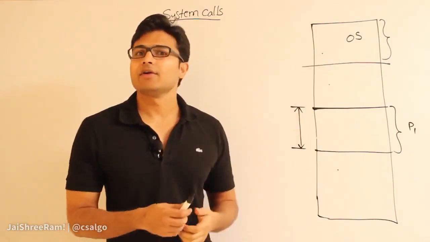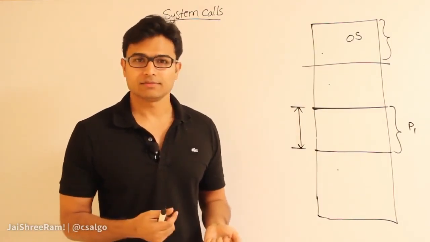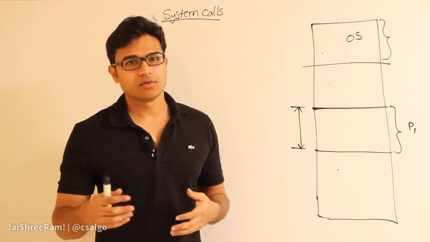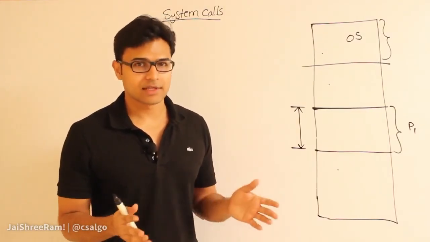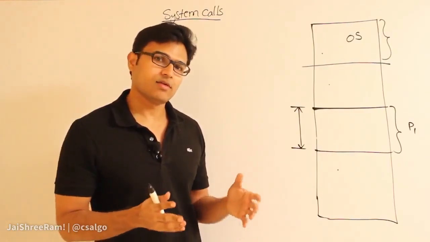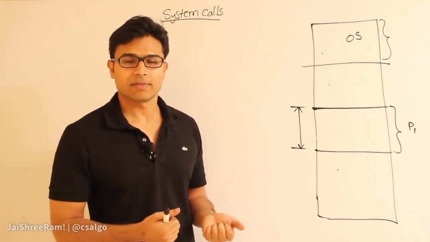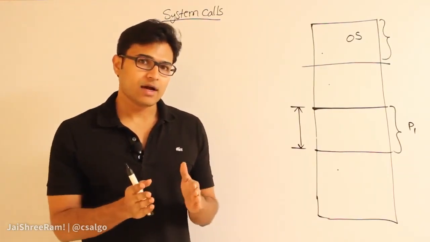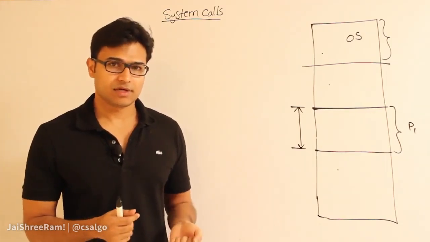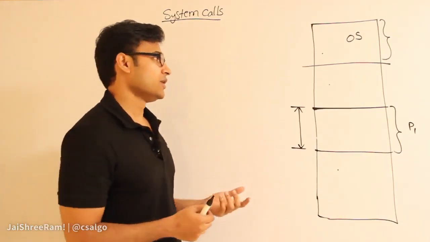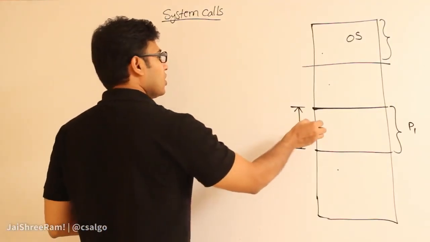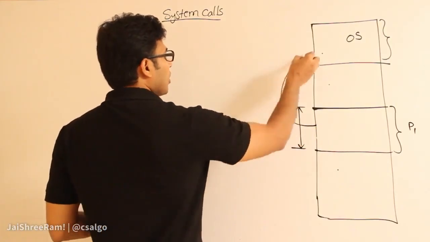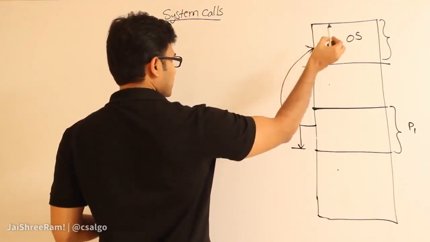Either you want to read or write a file, or you want to have a hard disk access. Almost everything will be present in the operating system code itself, and you have only limited power as a user, right? So if you need anything, you are supposed to call that particular module which is present in the operating system.